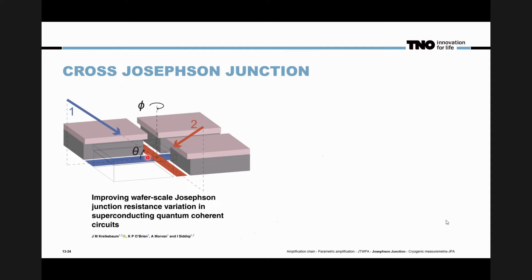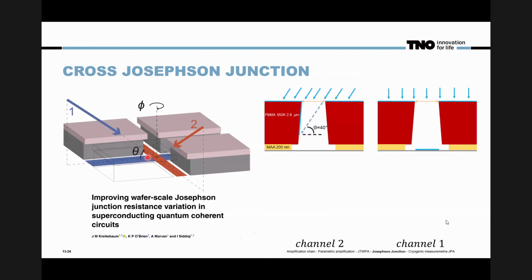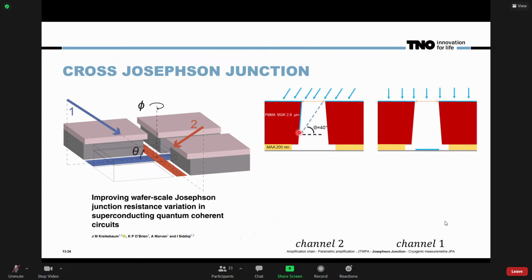To describe this in greater detail, I made some cross sections of the B layer resist stack I used. So we see that during the first evaporation, the aluminum in channel 1 is evaporated, but for channel 2, the aluminum is evaporated on the sidewall of the resist stack.